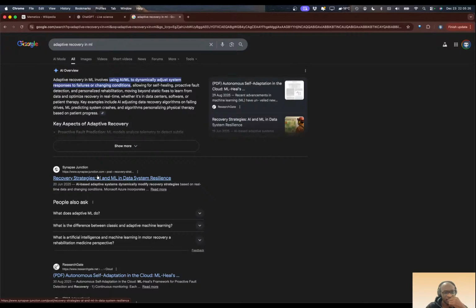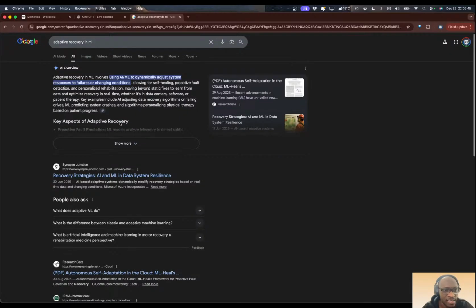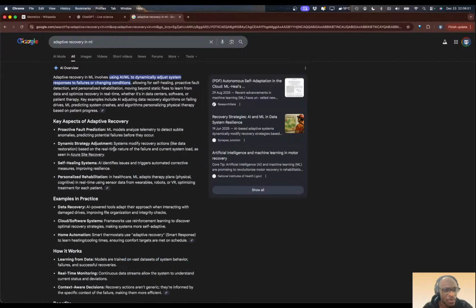Recovery strategy, where adaptive recovery in ML involves using ML to dynamically adjust system responses to failures. That's basically just reinforcement learning, right? Changing conditions, allowing for self-healing, proactive fault detection, and penalized rehabilitation. Moving beyond static fixes to learn from data and optimize recovery in real time, whether it is data centers, software, or patient therapy. So we can explore this idea.